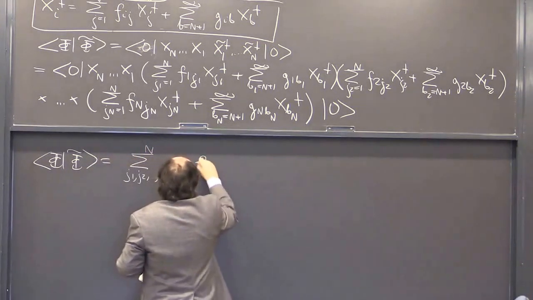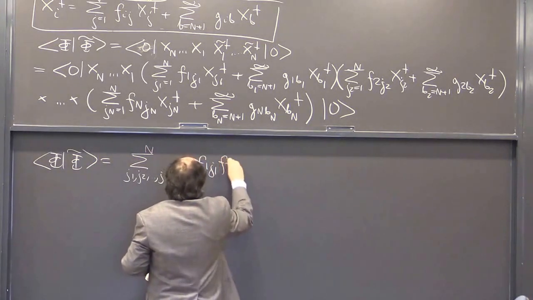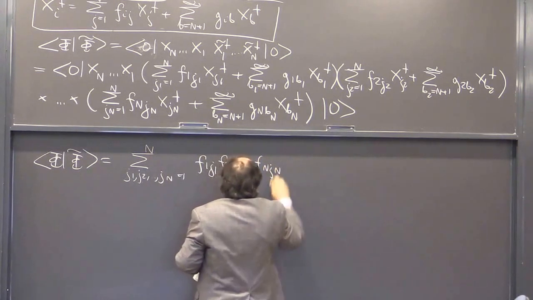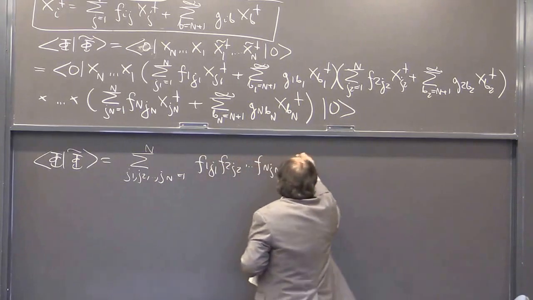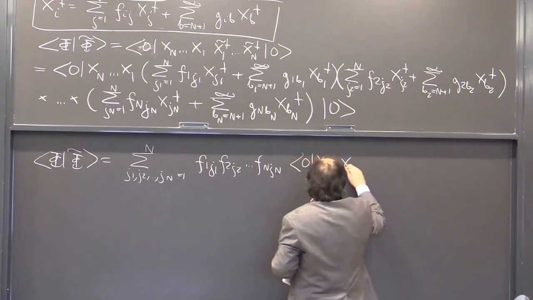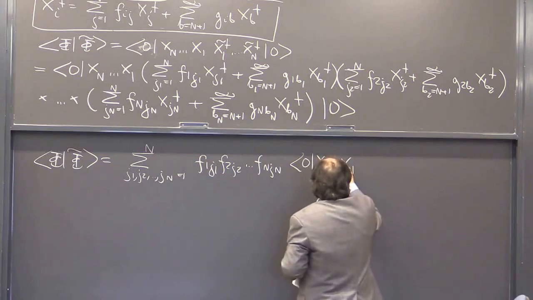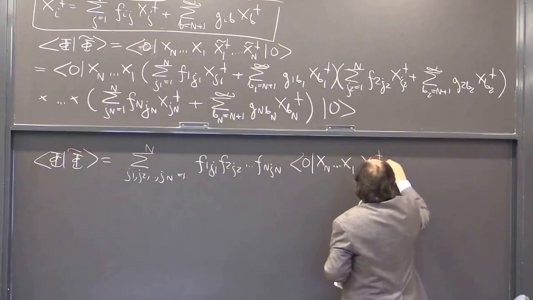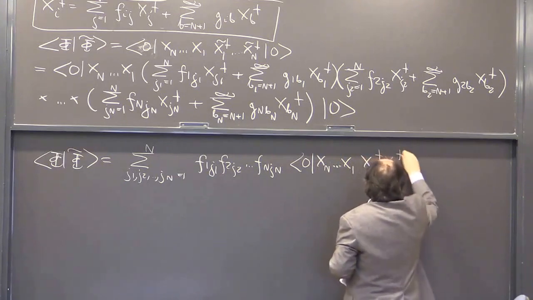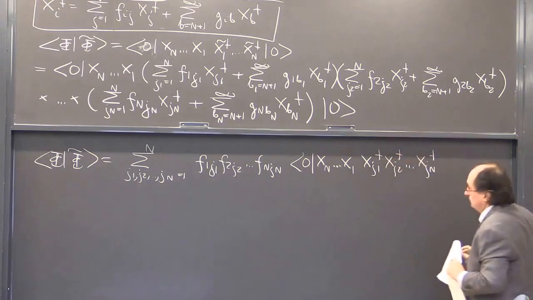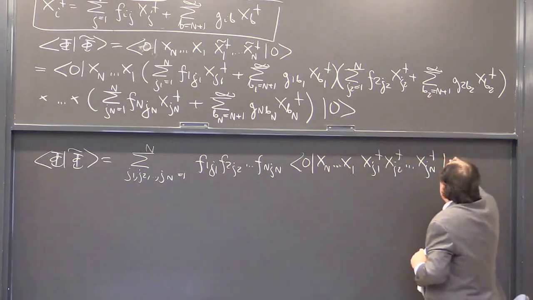You will have f1 j1, f2 j2, fn jn. And then we'll have 0, xn through x1, and then xj1 dagger, xj2 dagger through xjn dagger, and I will have to close it with the vacuum.